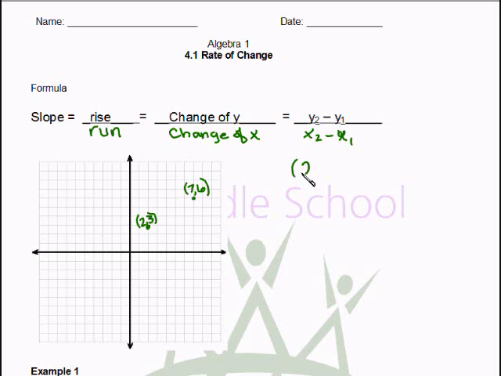If we have 2, 3 and the point 7, 6, this is considered my first x-coordinate and my second x-coordinate, and then my first y-coordinate and my second y-coordinate.